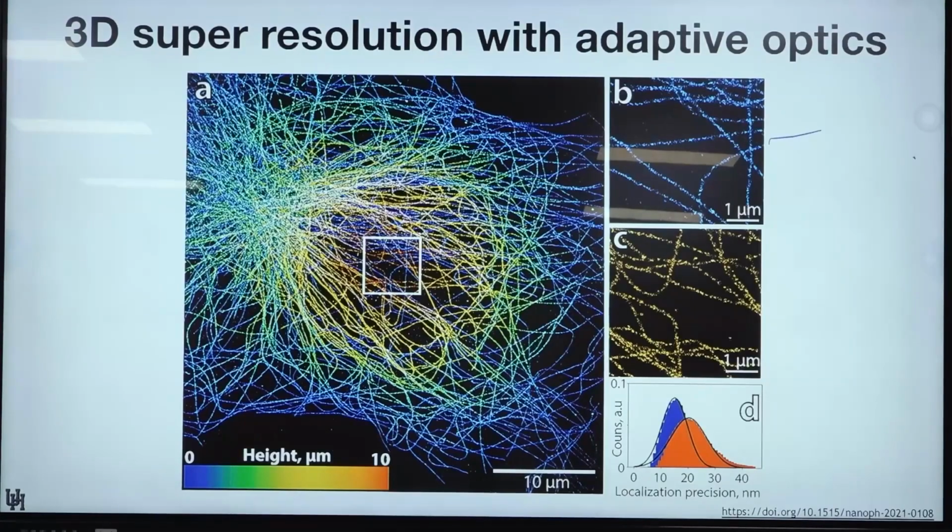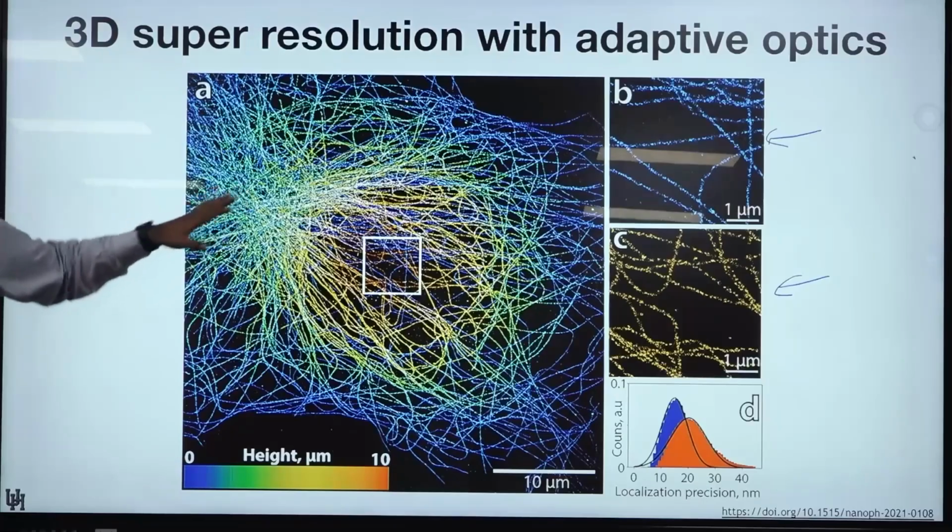These are so thin that you can see them here. It's about 10 microns, and in regular confocal you would not be able to see this kind of thing, but the super-resolution 3D version lets you get these kinds of images. So this is the PSF design idea.